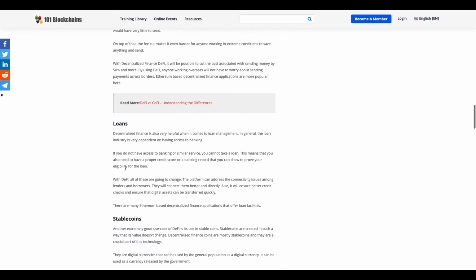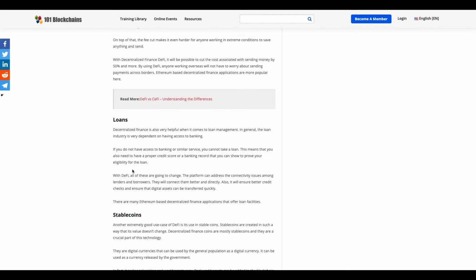It's easier through DeFi because it's run through the blockchain, and the blockchain is a ledger. It's more trustless, and the data within the blockchain can never be changed. So it's a lot easier to have your records through the blockchain.